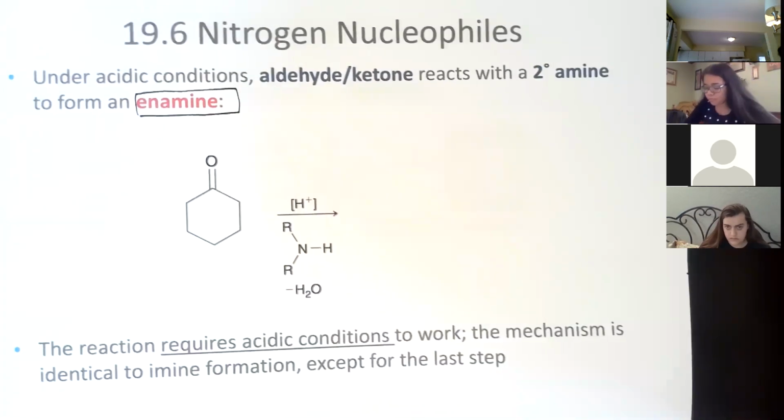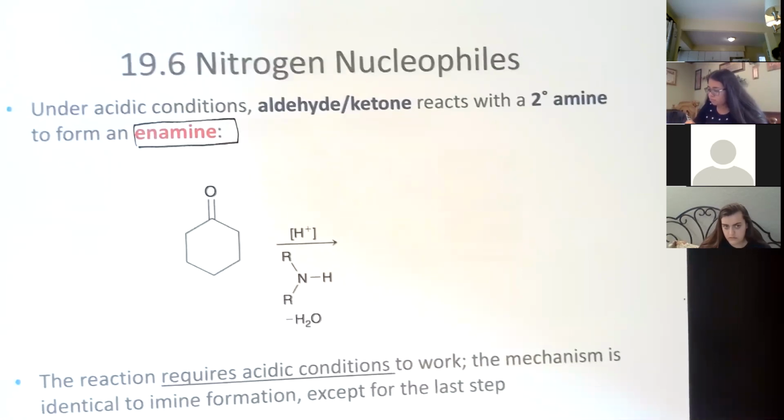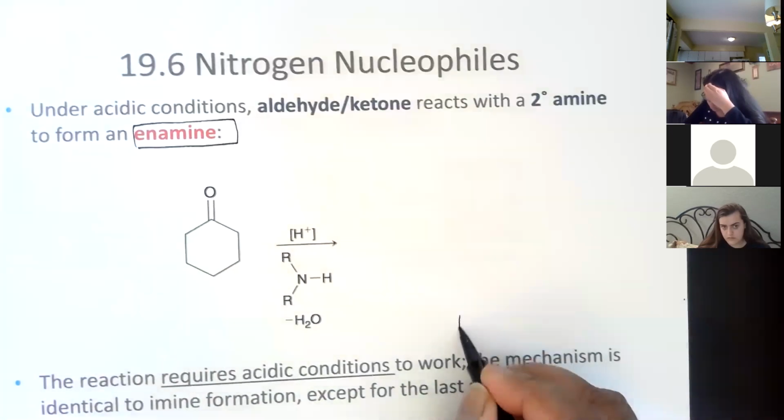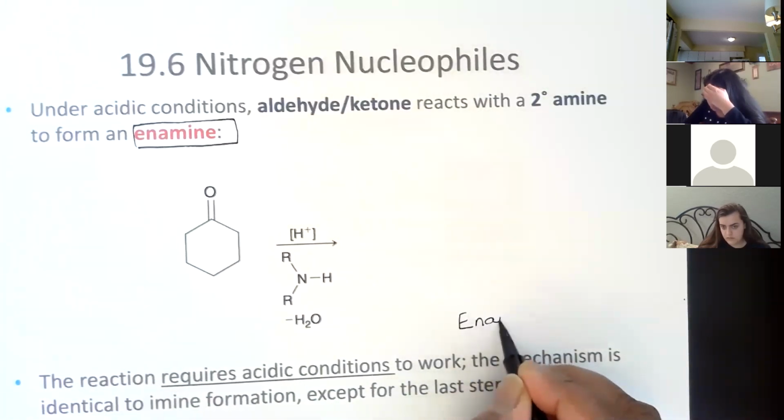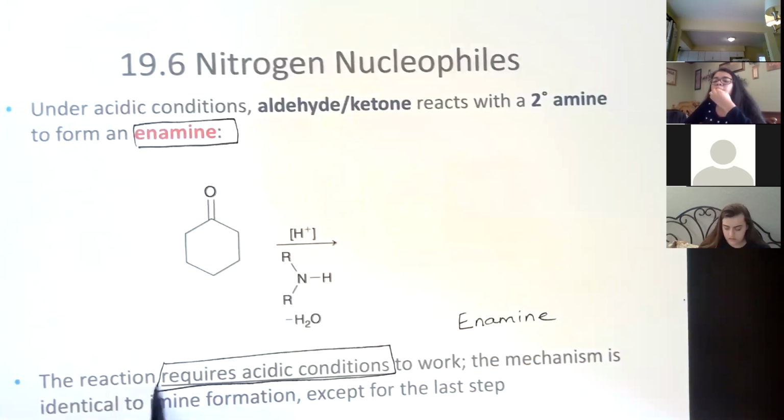And the reaction of a secondary amine with the carbonyl compound gives you what is called an enamine. And this requires acidic conditions. Hope you've reviewed the lecture recordings from before.